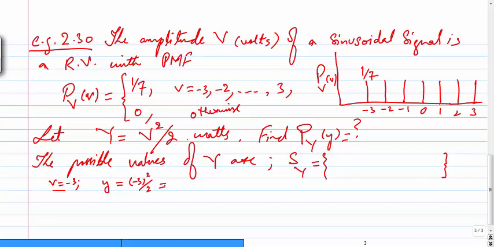So it becomes 9 divided by 2. This will go for plus as well, because it doesn't matter whether you put plus or minus in the square. So this is for two values of V. Similarly, when I put V equal to plus minus 2, Y becomes plus minus 2 whole squared divided by 2. So it becomes 4 divided by 2, so it becomes 2 here.